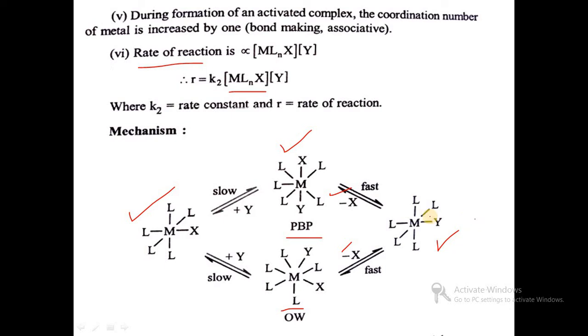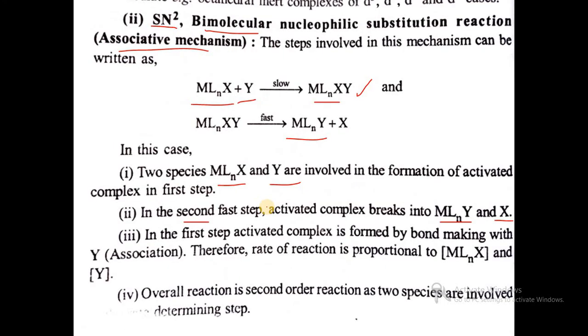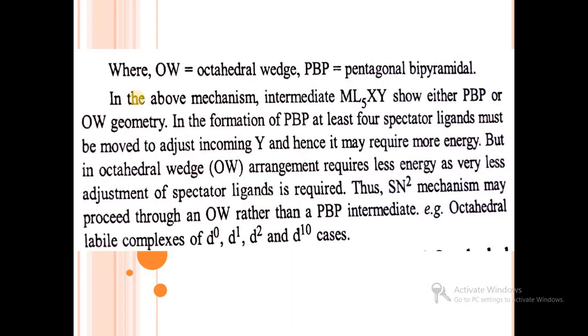Pentagonal bipyramidal and wedged octahedral intermediates are formed in the associative or SN2 type of mechanism, where OW means octahedral wedged or capped octahedral, and PB means pentagonal bipyramidal.